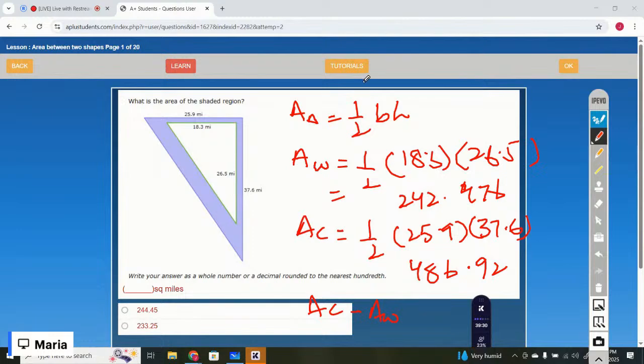Subtract the area of the colored one minus the area of the white. So 486.92 minus 242.475, that is 244.45. When you subtract, the answer is 244.45.